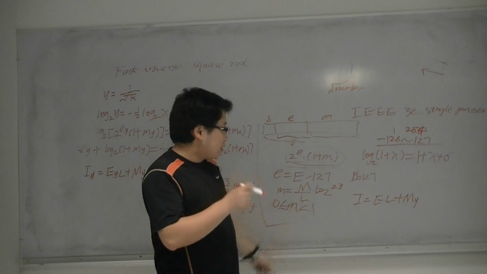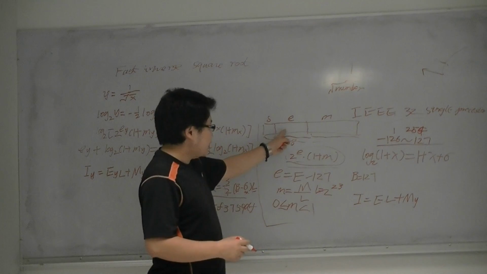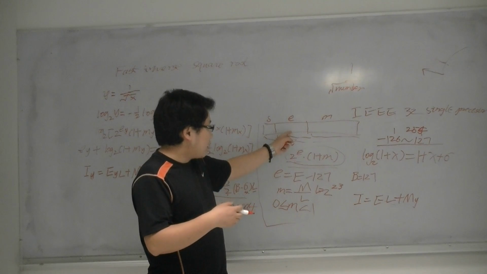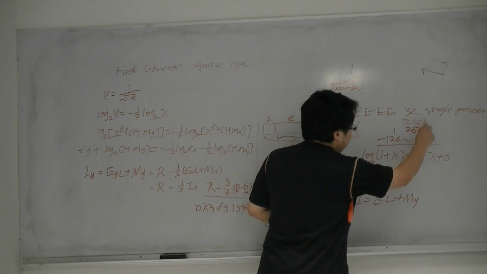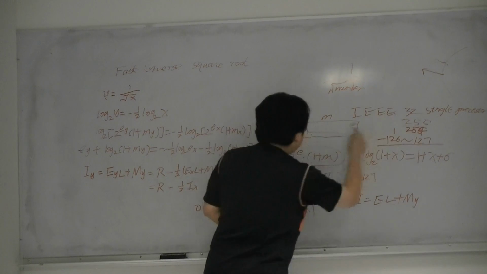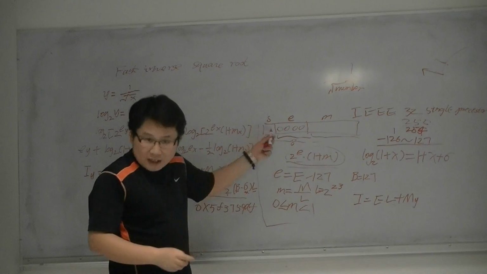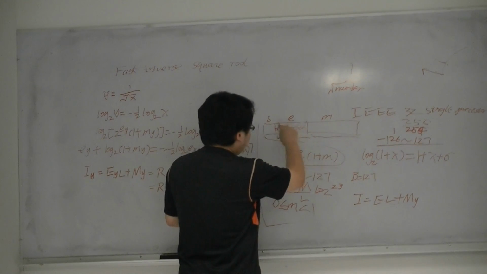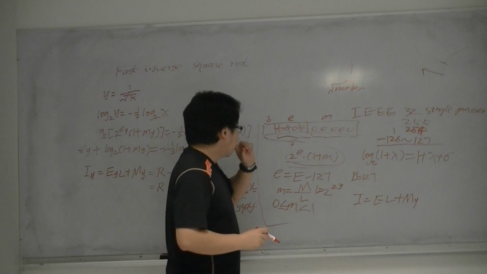To express zero, when all of these bits are zero, it expresses zero. When the exponent is 255, and the fraction is all zero, it expresses infinity.